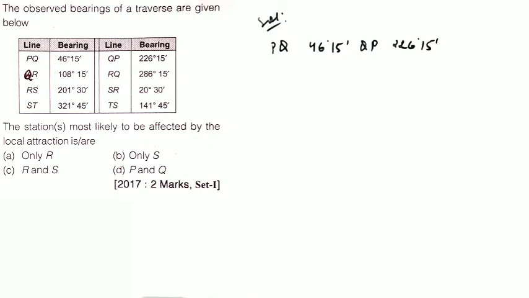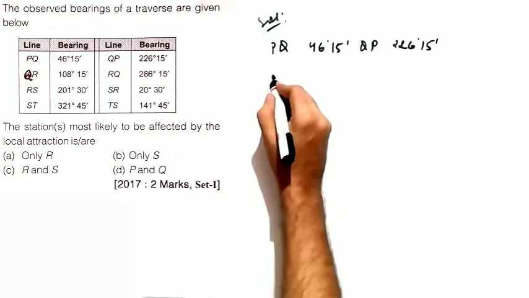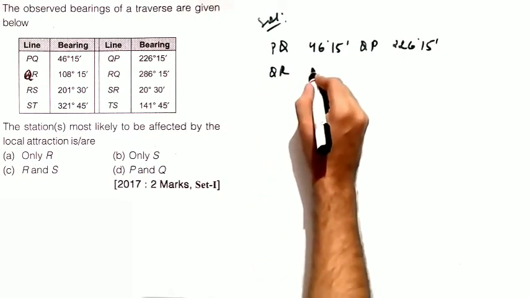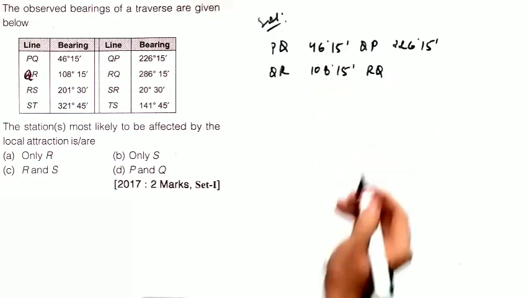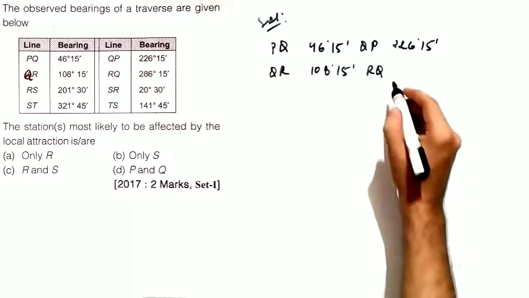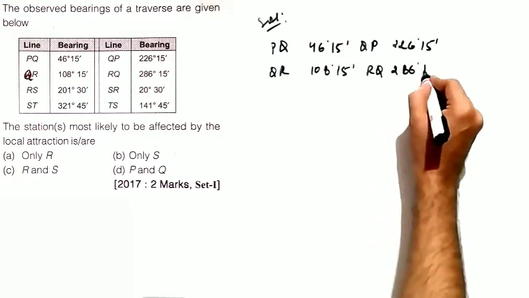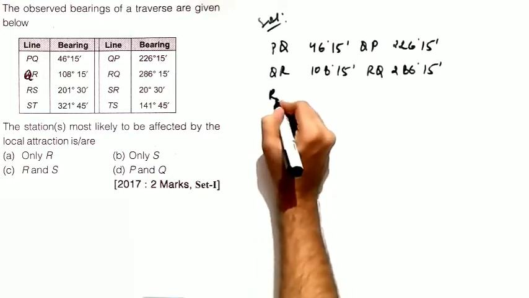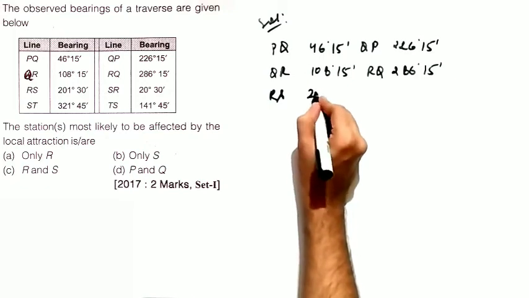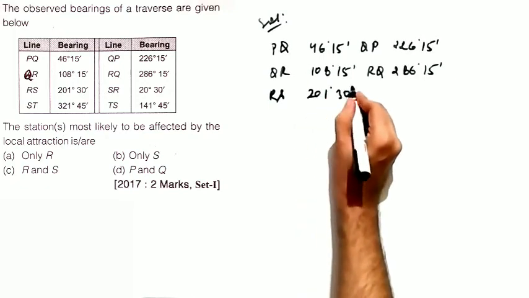The observed readings of a traverse are given below. The reading of QR is given as 108 degree and 15 minutes. RQ is given as 286 degree 15 minutes. Similarly, you are given the readings of RS. It is given as 201 degree 30 minutes.